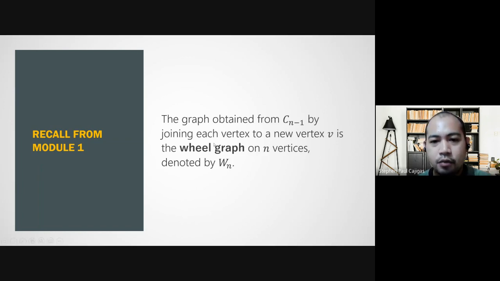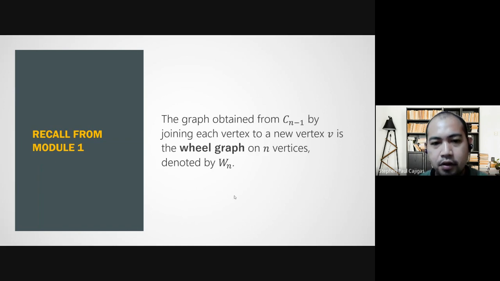So Wn, for example W10, is a result of joining C9 and then K1, the single vertex. Now, from these joins, many other special kinds of graphs are being formed.